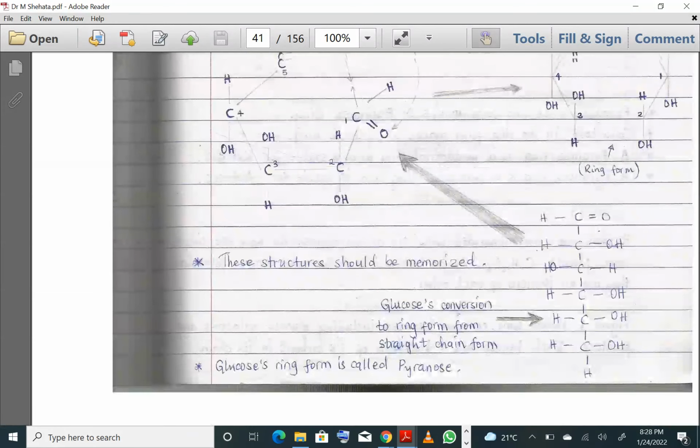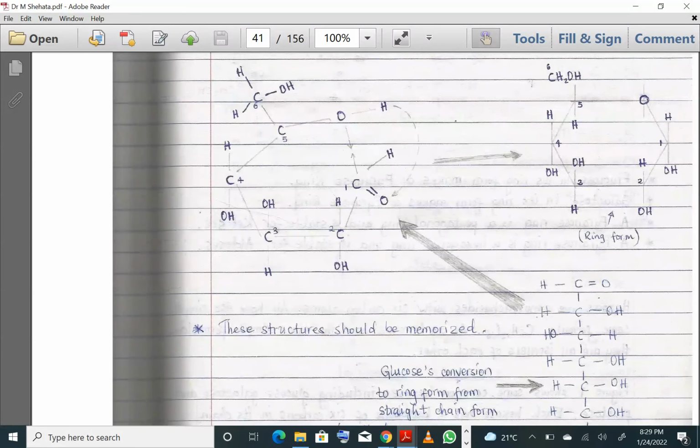One thing you realize about the ring form of glucose is that it's a hexagon. Okay, because why? You see all those parts where you're seeing 1 2 3 4 5, those are carbon atoms, right? So that's how you write things in organic chemistry. Where you're seeing those bends, corners, those are carbon atoms. So they have 6 carbon atoms. You can see that carbon atom is on top, but those forming the rings are 5 plus the oxygen.